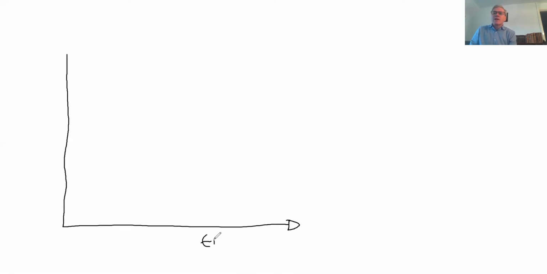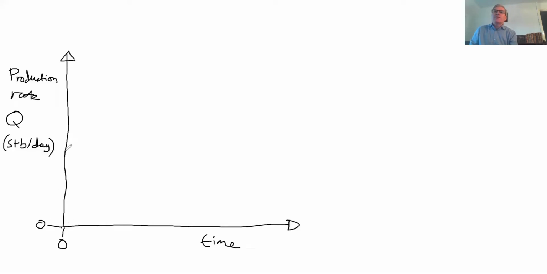On this axis is time, and on this axis is production rate. I'm going to call this production rate Q. It's normally measured in, say, stock tank barrels a day.